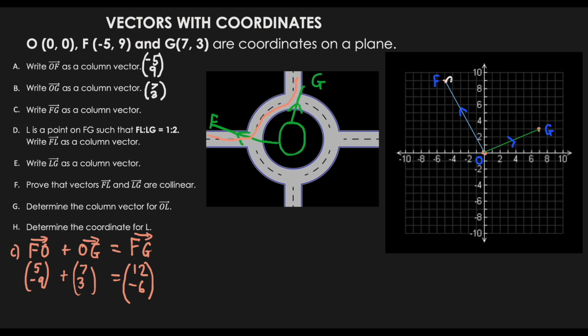So that would be 1, 2, 3, 4, 5, 6, 7, 8, 9, 10, 11, 12. So we are right above G. So we had to go 12 to the right. Now we have to go down. So we go 1, 2, 3, 4, 5, 6. So we had to go 6 down. So that would be negative 6. So therefore our vector from F to G would be 12, negative 6.